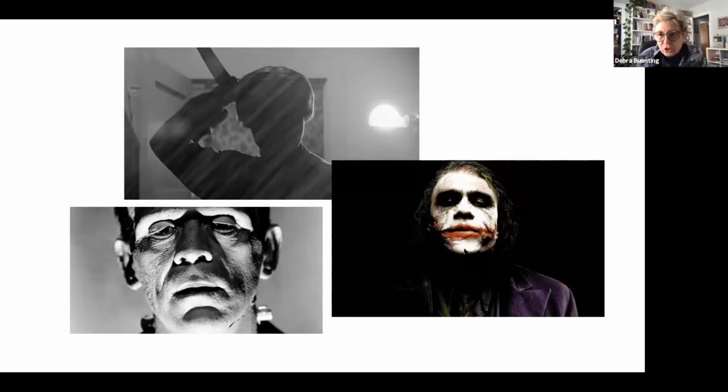Here we have the Joker, where the lighting is kind of from the side, kind of from below, but then also we can't see the eyes, right? So very, very deep pockets, which is both a product of lighting and makeup. And then here we have this from Psycho, and we'll watch a scene from Psycho when we get into the editing section of the course.